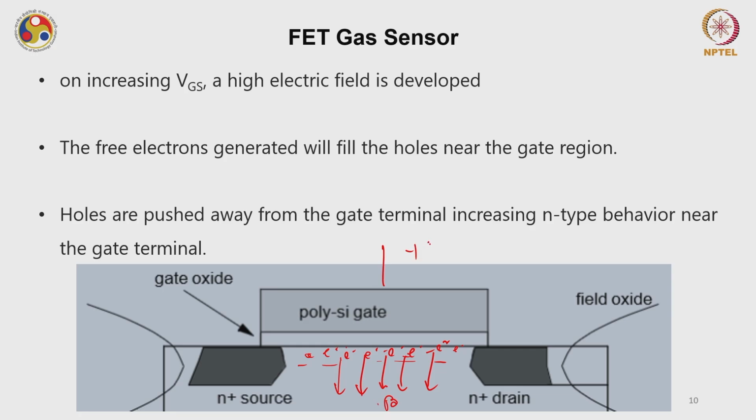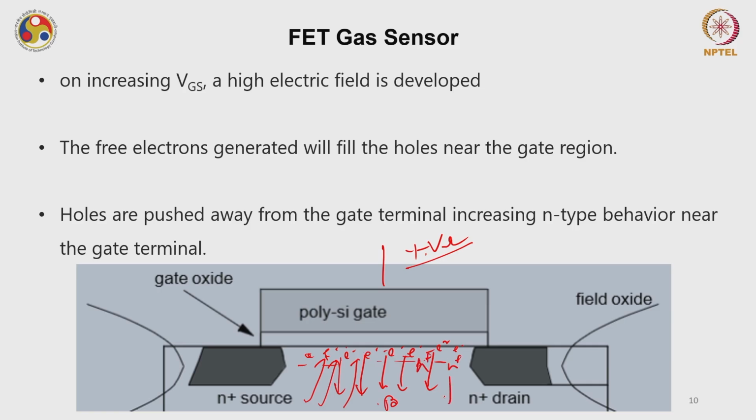So you can consider this from two different angles. If you are applying a very high positive voltage here, you are attracting electrons towards this junction. But at the same time, this positive charge will repel the holes in this area.